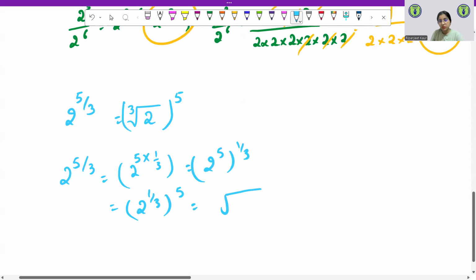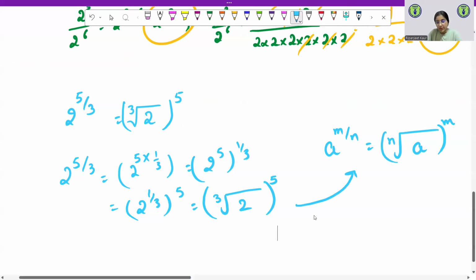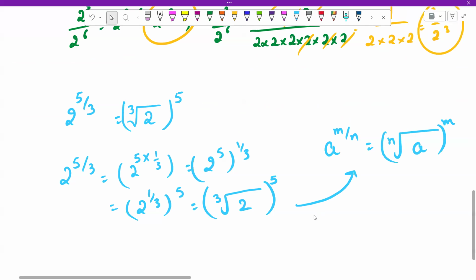And this is nothing but the cube root of 2, and the power is 5. So that's why we can represent a raised to power m over n as the nth root of a, power m. It is the same representation here. All right. Any questions still here? No? All right.